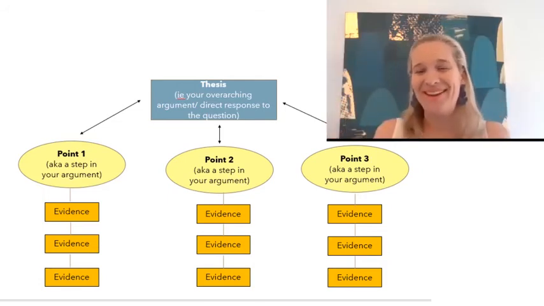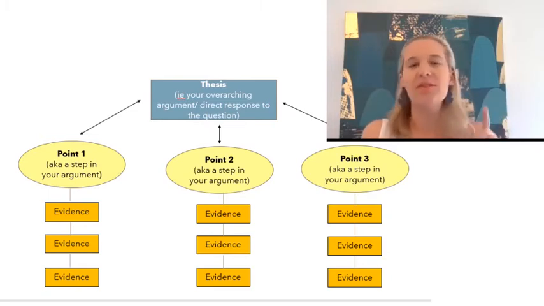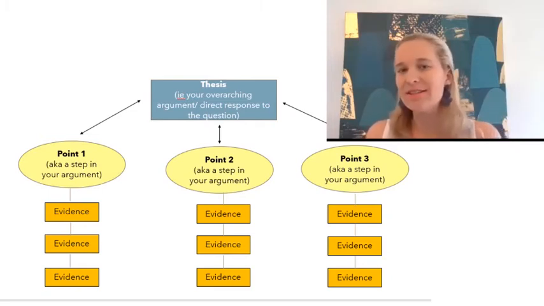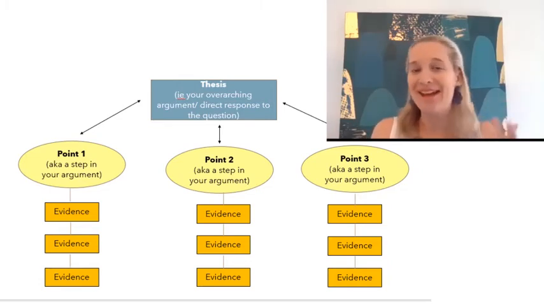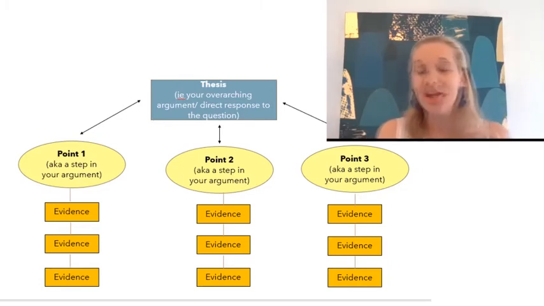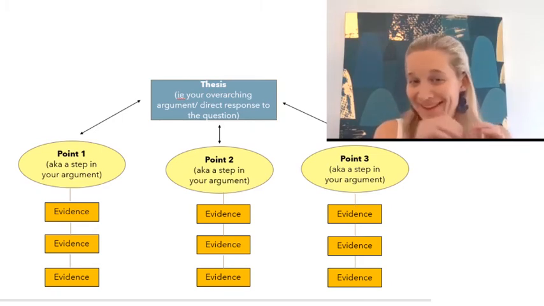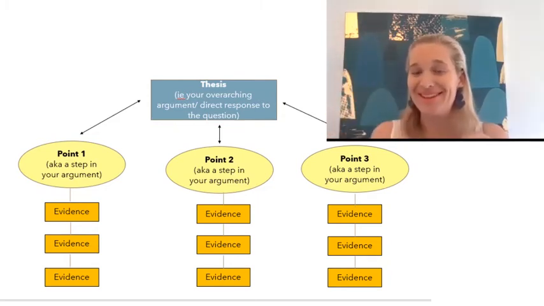Okay, so it's not enough that you've simply got a case example. It's not enough that you simply summarize a journal article or a commentator's key argument or position. You need to be drawing out the significance of your evidence for your point, and then that point for your thesis.